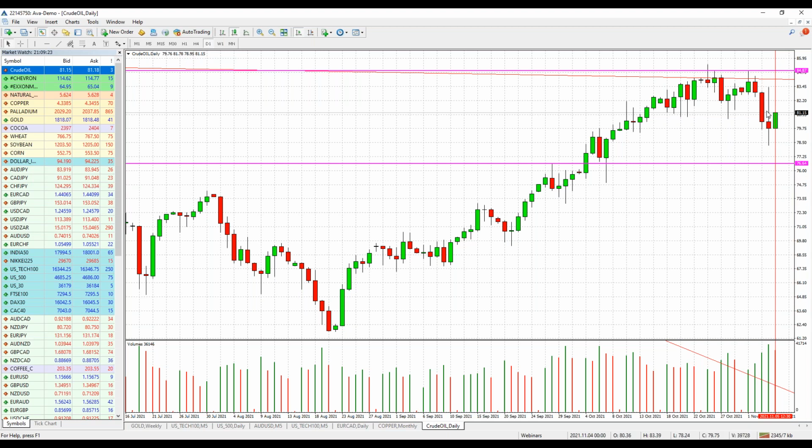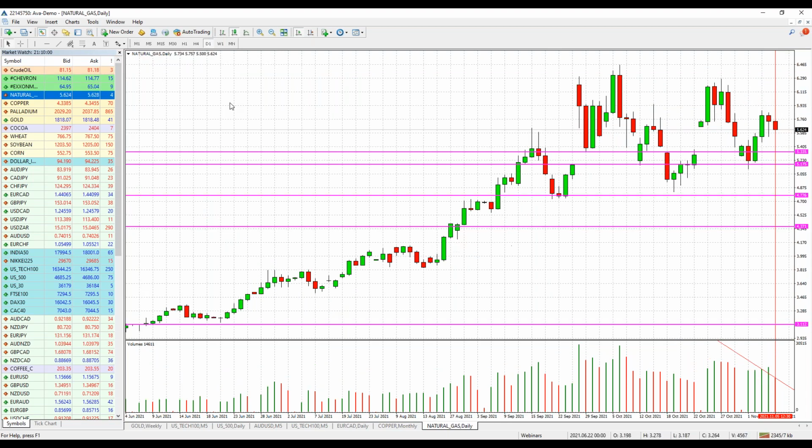I browsed a few articles, and some state that oil still has an opportunity to go to 100, as OPEC is contributing to this by not pumping more oil. So we'll be watching oil for a possible continuation to the upside on this news, and maybe retesting the previous highs that we failed to break out of. So between 84 and 85, that's the next level.